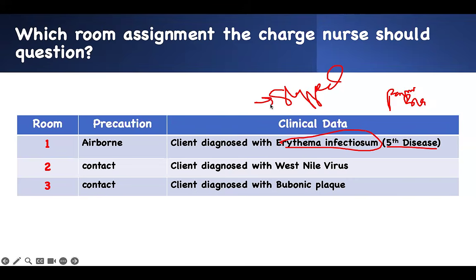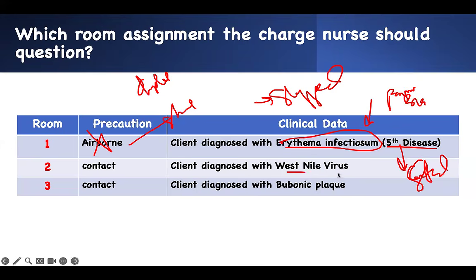Before they get a rash, it is infectious, you see it in immunocompromised patients, and usually droplet. But after the rash, once you make the diagnosis of fifth disease, you don't need any precaution anymore. This is standard precaution. Fifth disease, erythema infectiosum, slapped cheek, this is standard precaution.